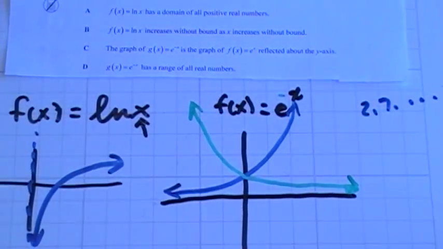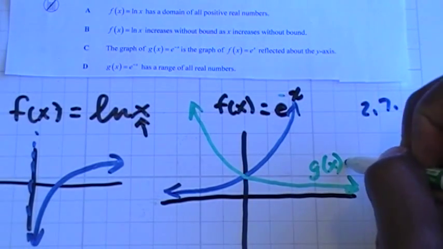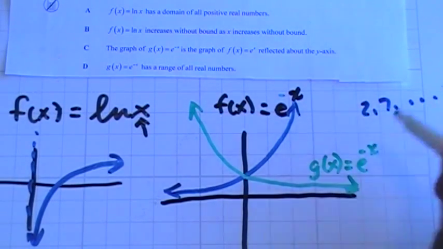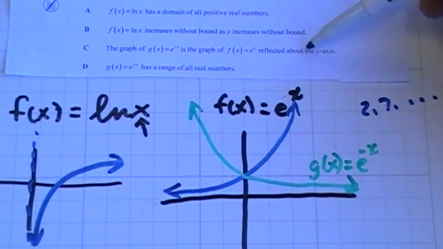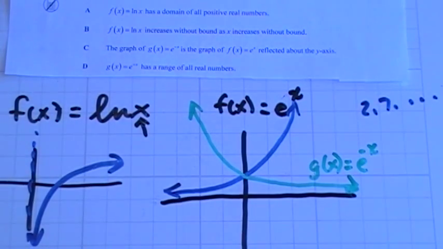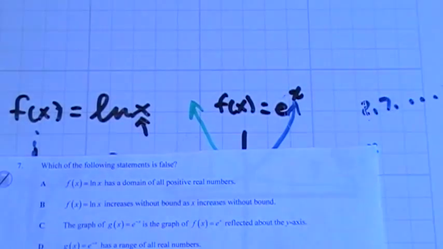This graph, g of x is equal to e to the negative x, would be that graph. So the question is, is it reflected about the y-axis? And it is reflected along the y-axis. So that leaves us with D.